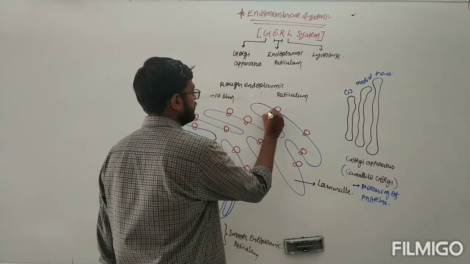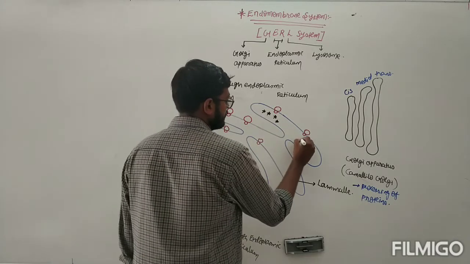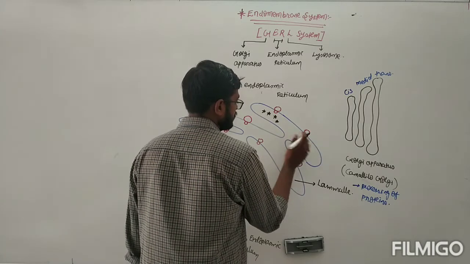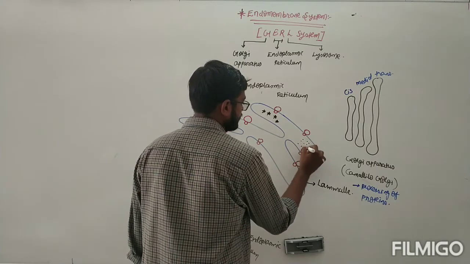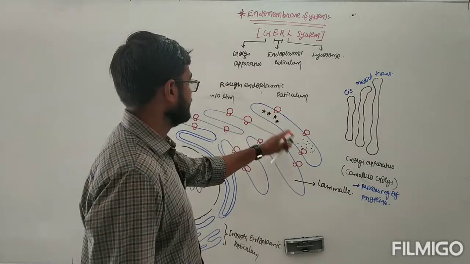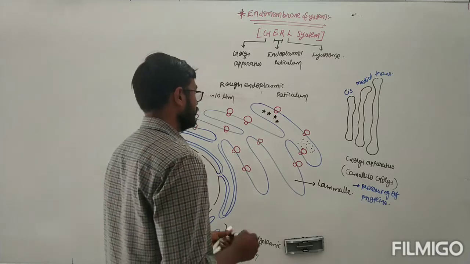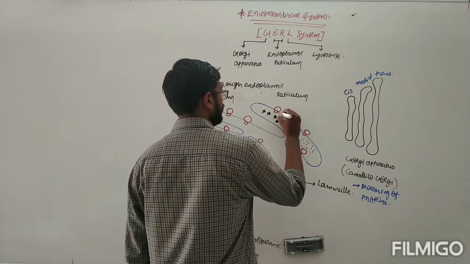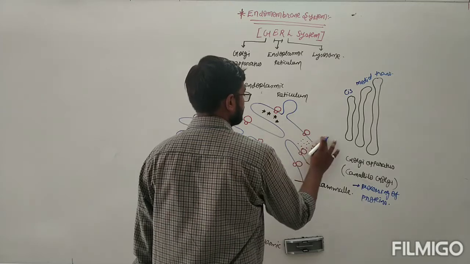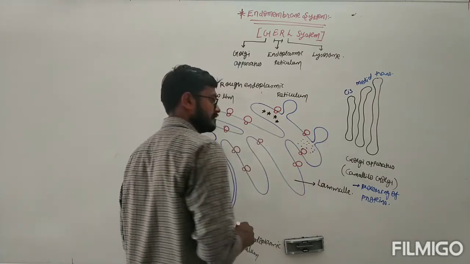We have one kind of protein, and another kind of protein is there. Both of them are synthesized in the endoplasmic reticulum, and from the endoplasmic reticulum there is a formation of vesicles.